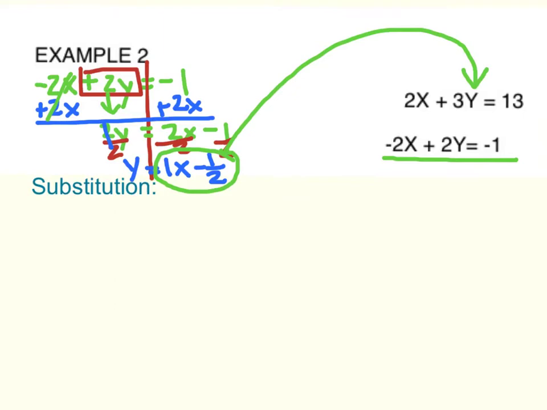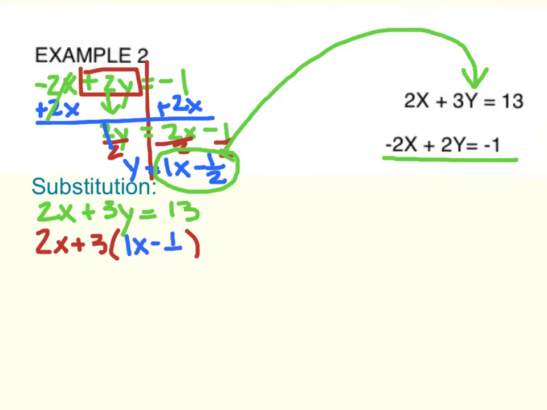So when I rewrite that problem, I'm going to get 2x plus 3 times y, and what is that y? 1x minus 1/2 equals 13. So now all I have to do here is solve for x.